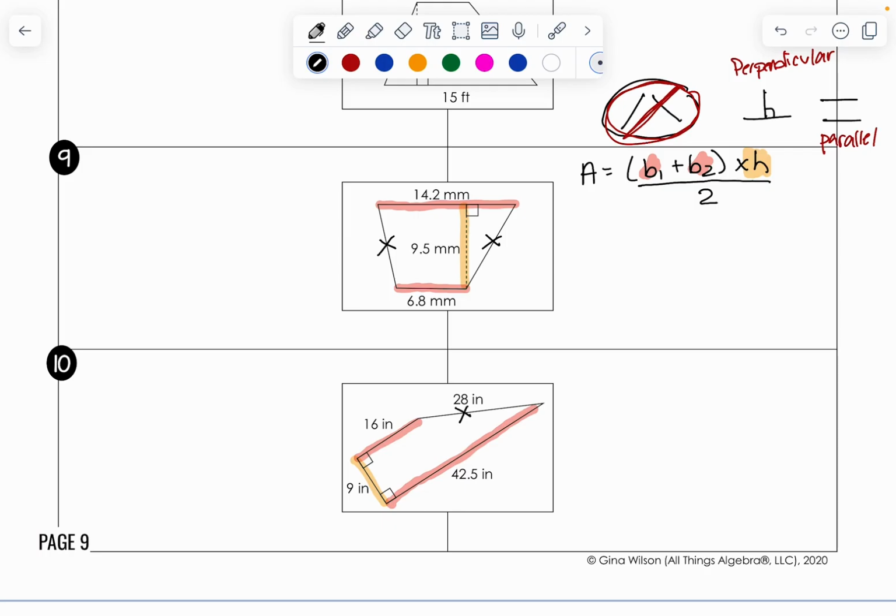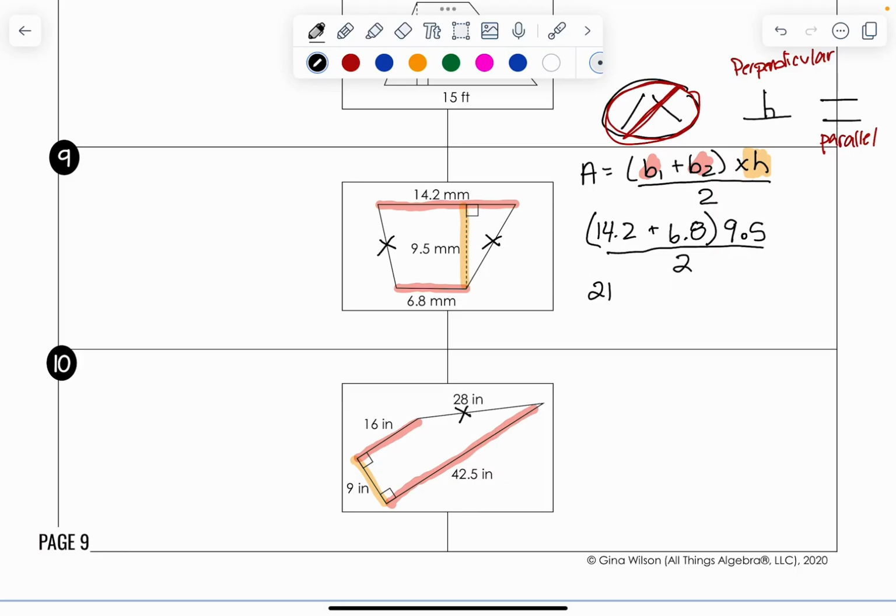So for problem 9, I have 14 and 2/10 plus 6 and 8/10. My height is 9 and 5/10, and then I'm going to divide by 2. With my order of operations, I have to do my parentheses first. So 14.2 plus 6.8 gives me 21.